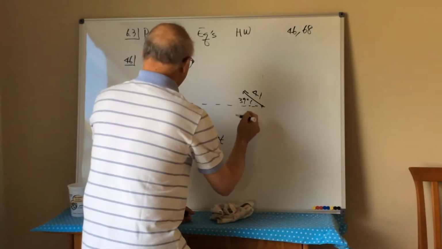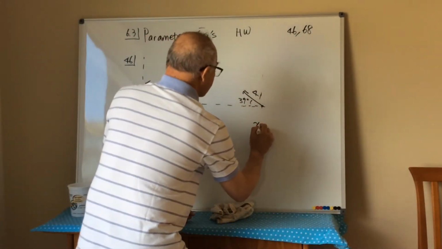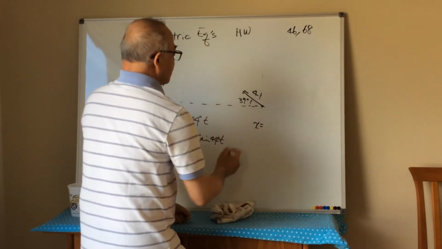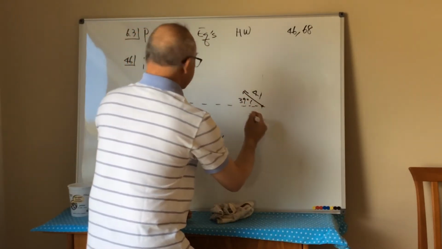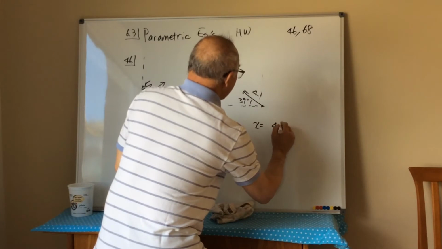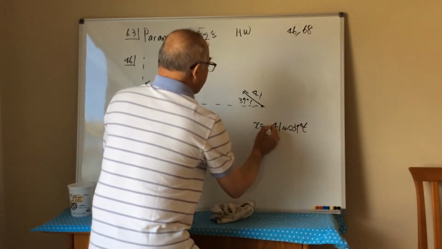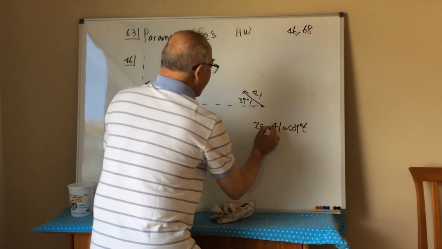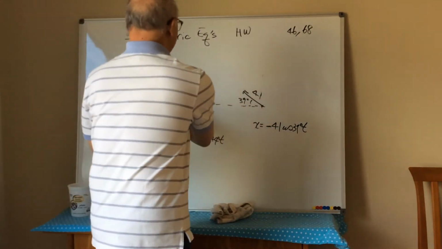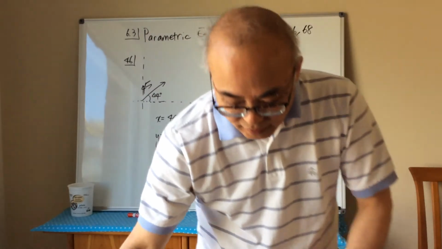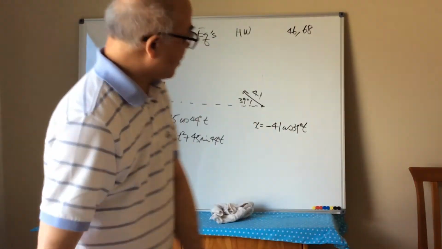So for this guy, x is going to be equal to what? Since this is 39, it's going to go this way, so it's going to be 41 cosine 39 degrees t, but we are going negative. We're going in this direction, and how far apart are they? They are 78 feet apart.